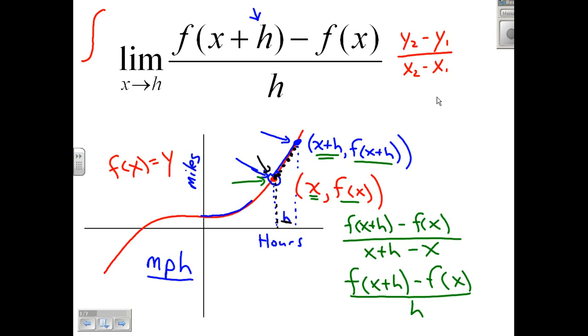Let's suggest for a second that this ordered pair right here actually turns out to be (4, 2). And if I use just the point (4, 2) and the point (4, 2) again, my slope would be 2 minus 2 over 4 minus 4. Yikes. We just created 0 over 0. But I'd like h to be 0.